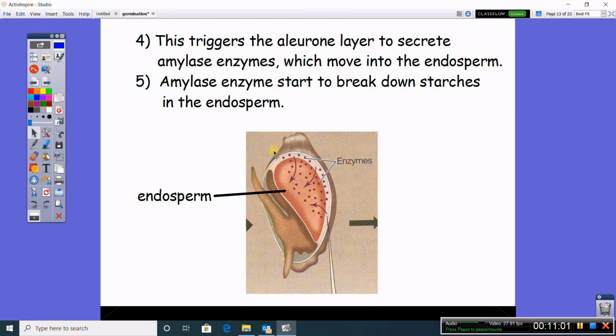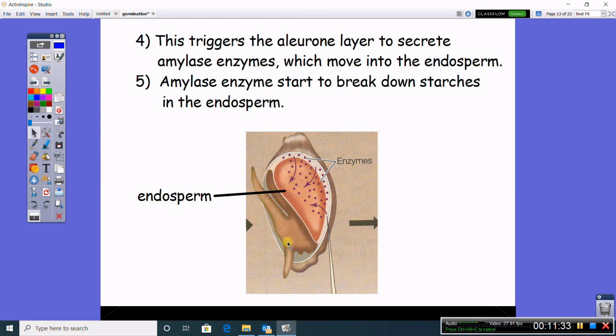When that happens, the aleurone layer starts to secrete amylase enzymes, which are these little pink magenta or purple dots here. Remember, they're being produced by this white layer, the aleurone layer. And notice that they're going to this orange section. This orange section is endosperm. An endosperm is made by double fertilization, and it is full of starch.